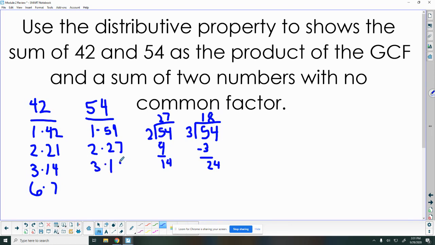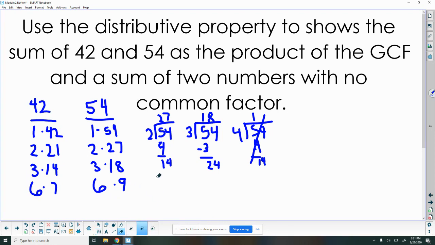So 3 and 18. 4, oh man, I better check just to be safe. So that goes in there 1 time, 1 left over. Oh, 4 can't go into 14 even, so not 4. I know 5 can't because it doesn't end in 5 or 0. Oh, 6 can. 6 times 9. 7 can't. 8 can't. I already have 9.